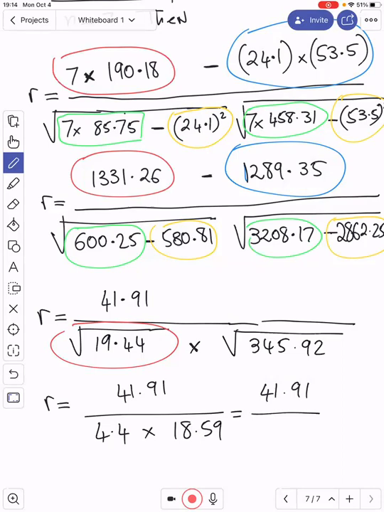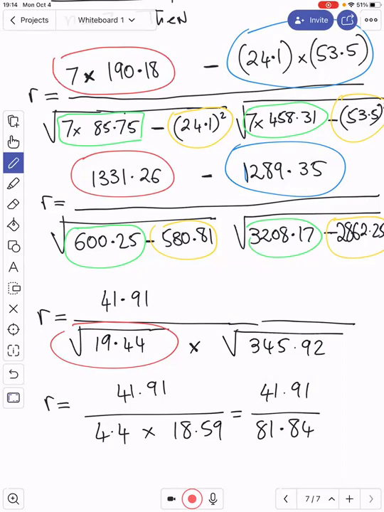So this is 41.91 over, and the bottom would be the 4.4 times the 18, etc. That would be 81.83 or something, or 84, I think.